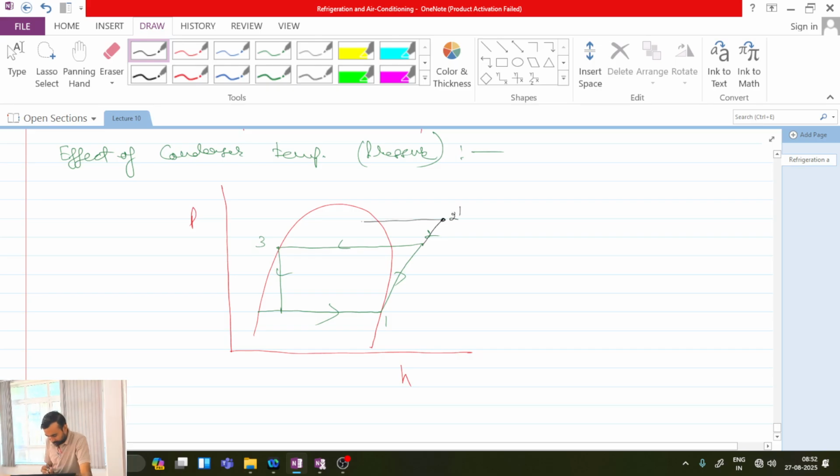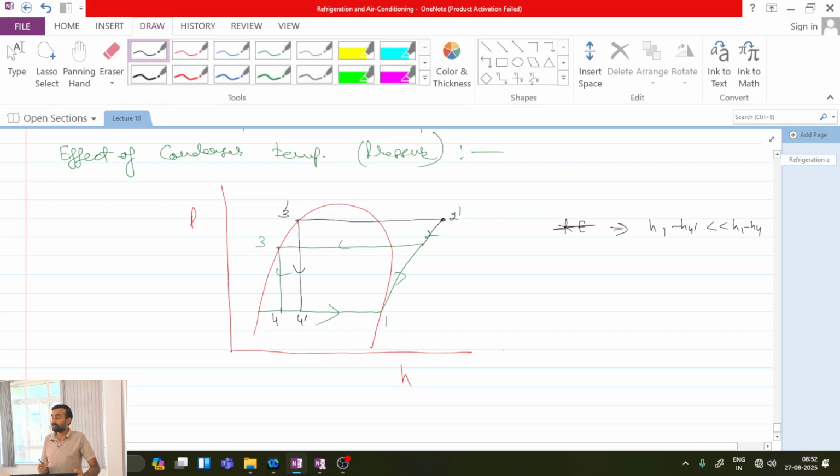Now from 2 dash to 3 dash, and then 3 dash to 4 dash. What has happened? From here you can clearly see that H1 minus H4 dash is significantly smaller than H1 minus H4.